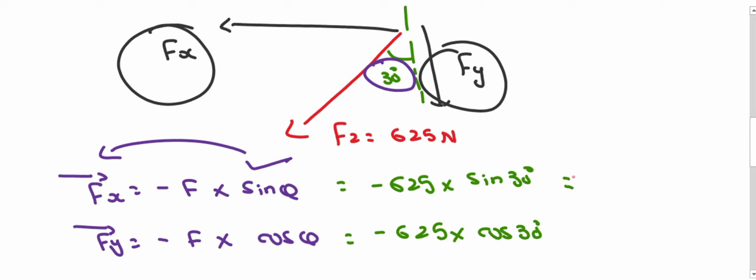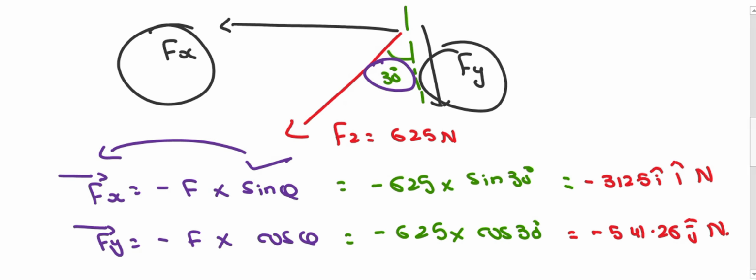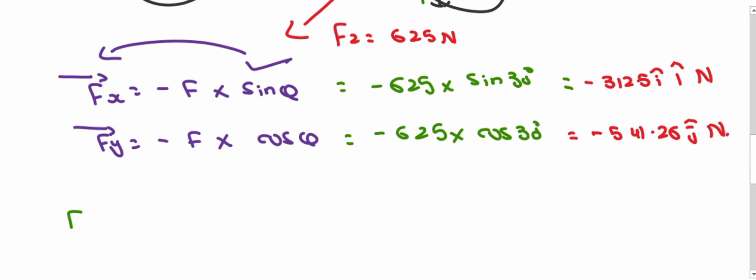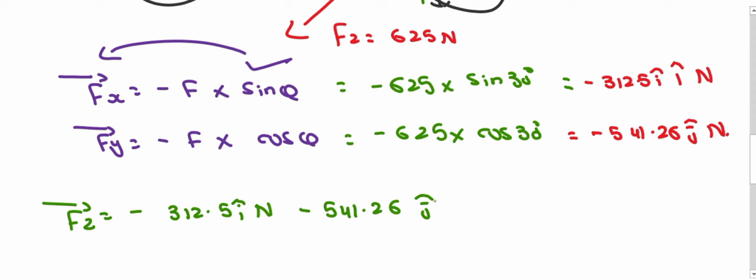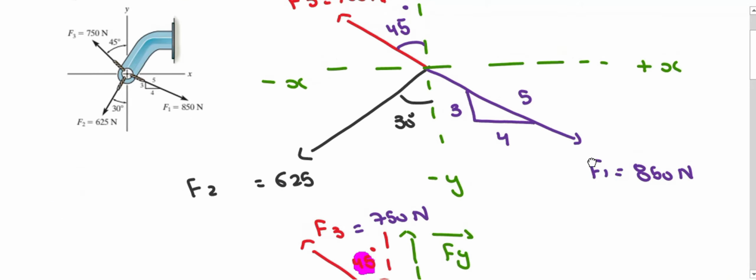So Fx is negative 312.5 i cap Newton, and Fy is negative 541.26 j cap Newton. This is the Cartesian form of F2: F2 equals negative 312.5 i cap, negative 541.26 j cap Newton.